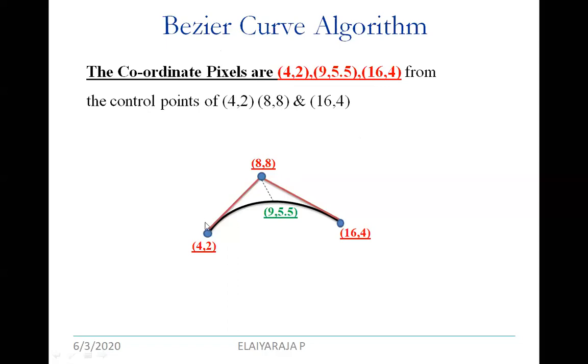The initial position and terminating position we call anchors. The middle control points we call handles. This is the first example. Then we'll see one more example.